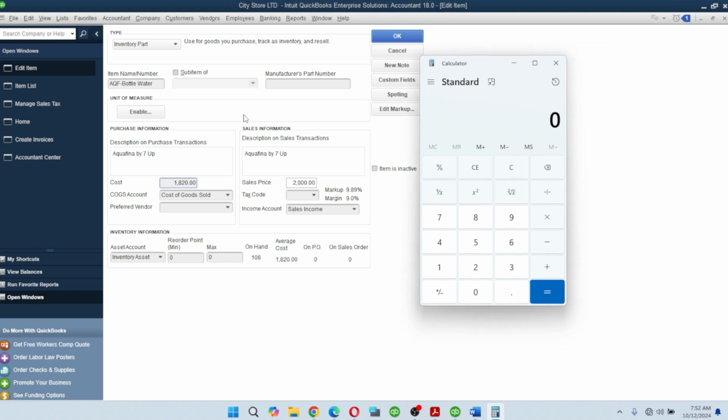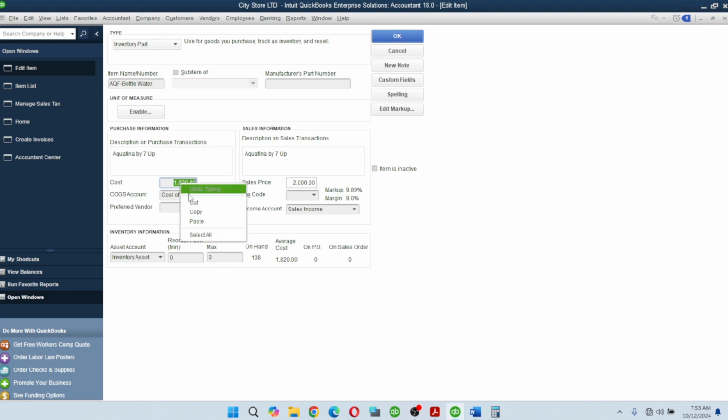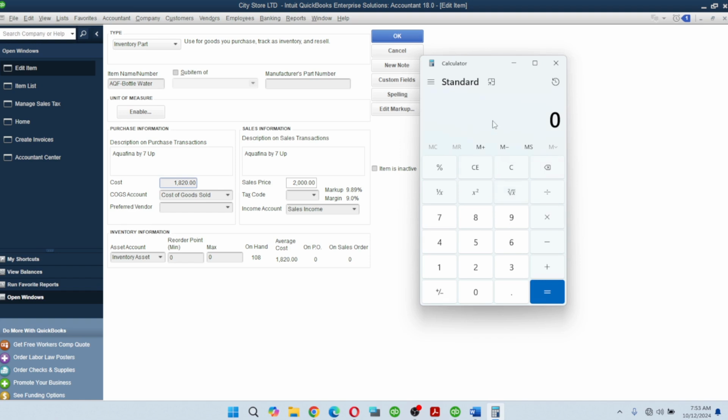Now, in order to do that, this is the selling price, and this is the cost price. So the cost price is 1,800. Now, for the 1,800, what is the VAT rate? We have already established that this cost price is VAT inclusive. So the rate that was charged on it is 7.5%, 0.075.